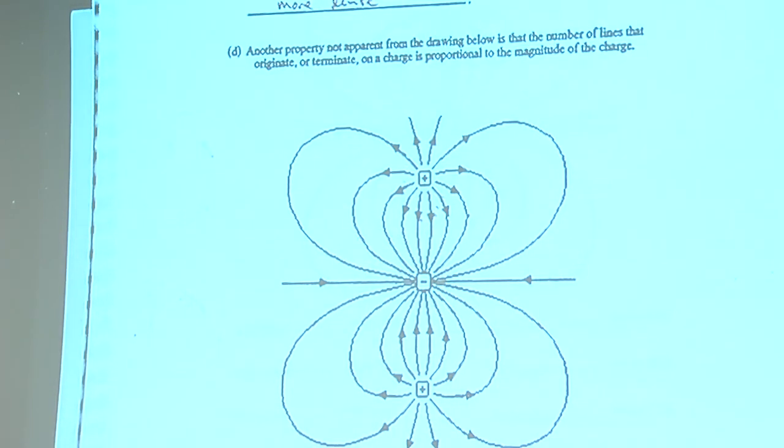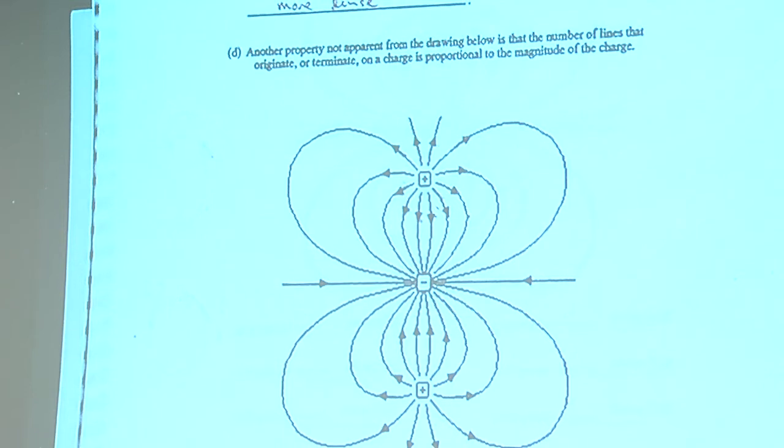How many for the middle one? Yeah, they didn't draw this correctly. There should be 24. I'll show you why. They drew these two curved like this.